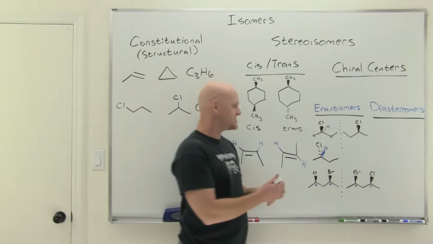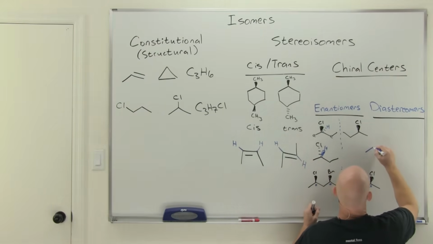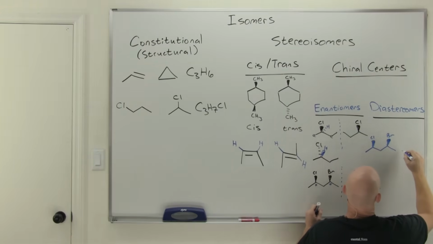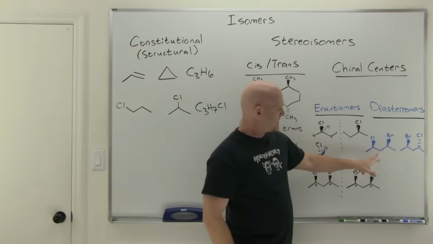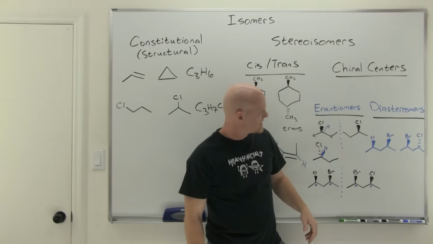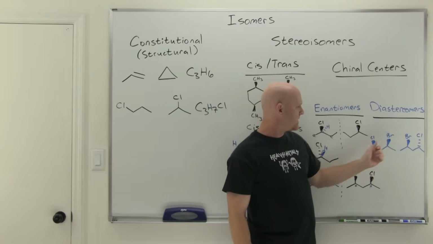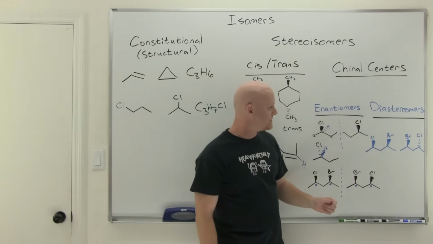However, there's going to be another option. What if instead I compared this one right here? If you look at comparing these two now, you say, okay, it's a 5-carbon chain. Bromine's bonded from one end, chlorine's bonded from the other end, so the bond connectivity is exactly the same.